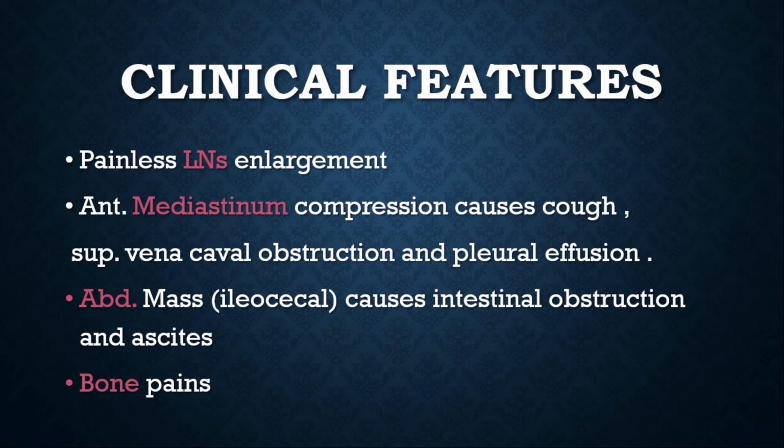The anterior mediastinum, patients can present with features of obstruction due to pressure symptoms like cough. Abdominal mass, as we said, there is abdominal involvement, and the patient can present with intestinal obstruction, bone pains.